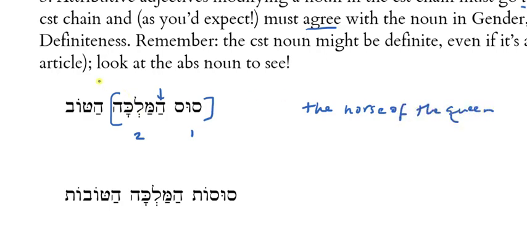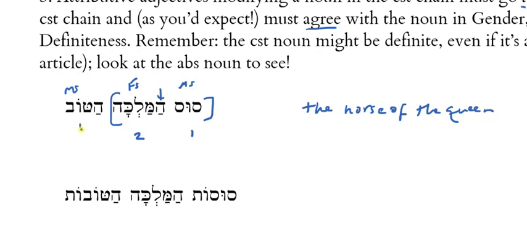What gender is horse? Well, horse is masculine singular. What gender is queen? The gender is feminine singular. Now look at my attributive adjective here. I have hatov. What gender is hatov? It is masculine singular. So which of these two nouns in the construct chain does hatov modify?